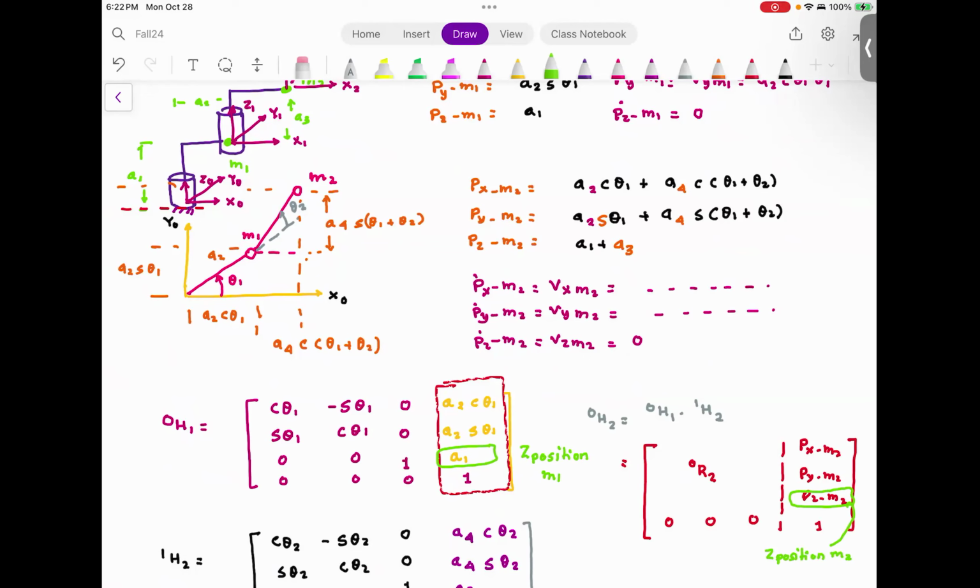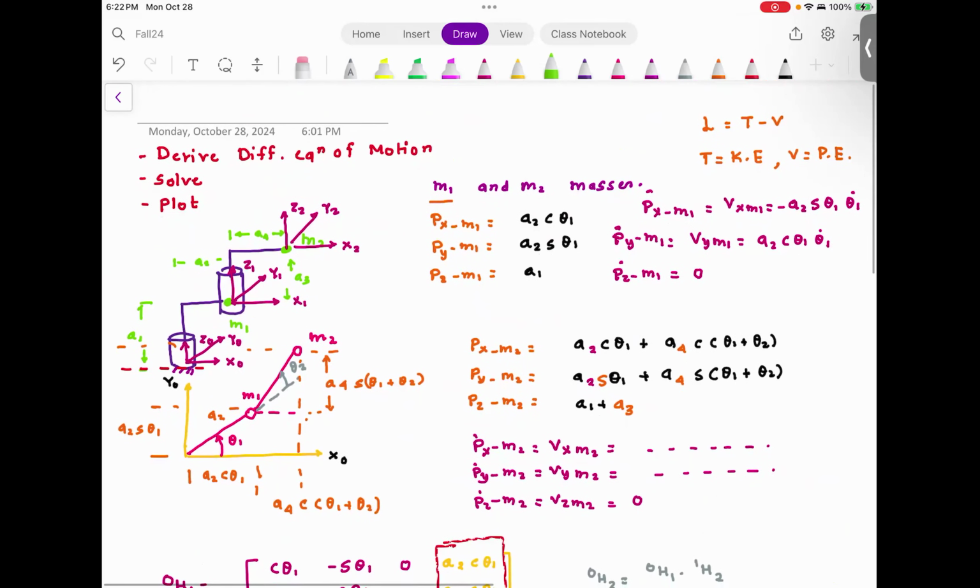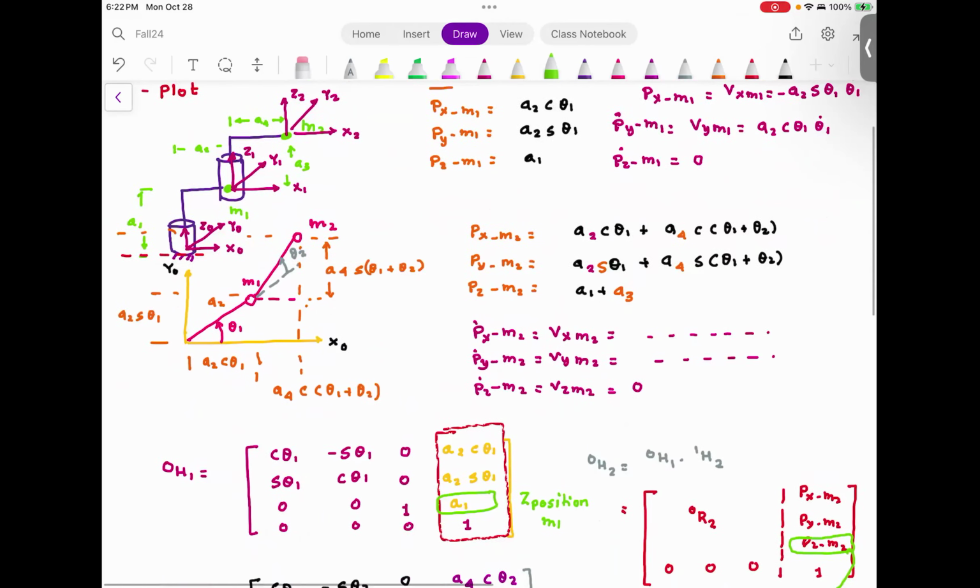So once you solve the forward kinematics problem, you can get the velocities of each mass. You can get the elevation of each mass, which means you can simply write down the equations for kinetic energy and potential energy. Everyone understood this? So what is the next step?